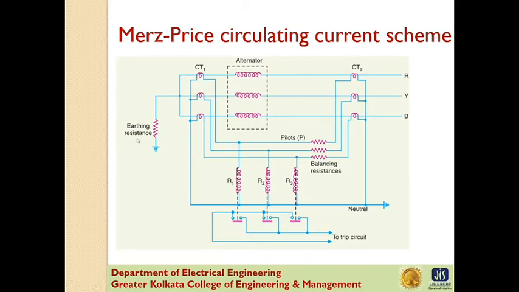In such a situation, it is impossible to protect the whole stator winding of a star-connected alternator during earth fault. When an earth fault occurs near the neutral point, there may be insufficient voltage across the short-circuited portion to drive the necessary current round the fault circuit to operate the relay.